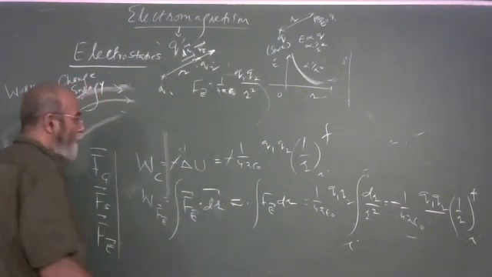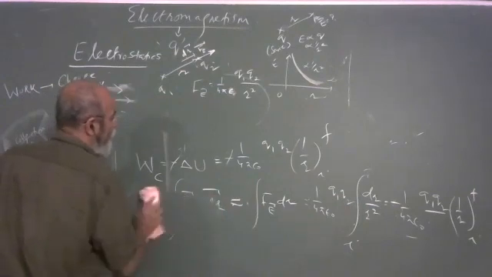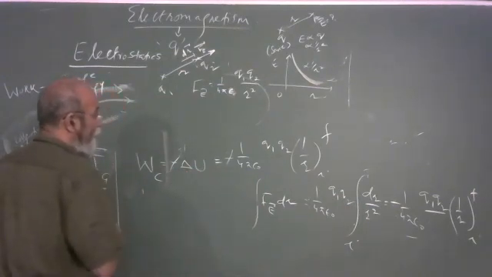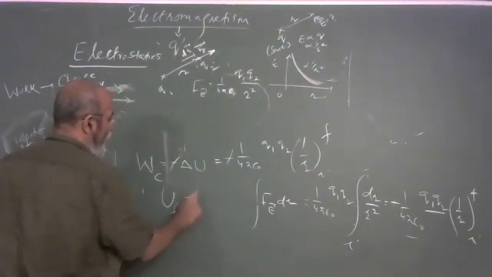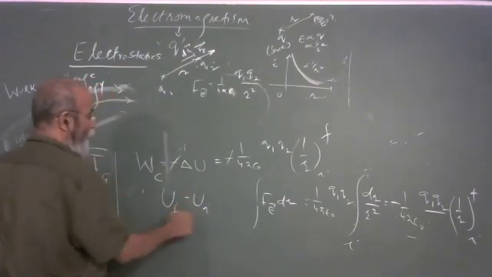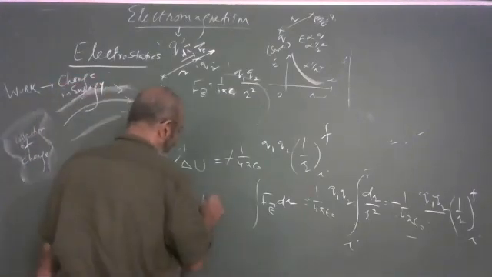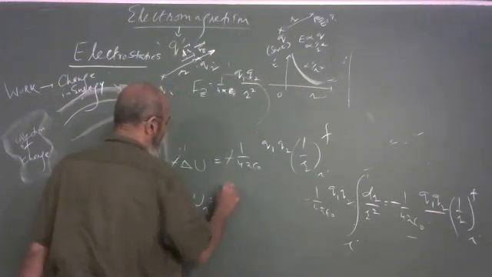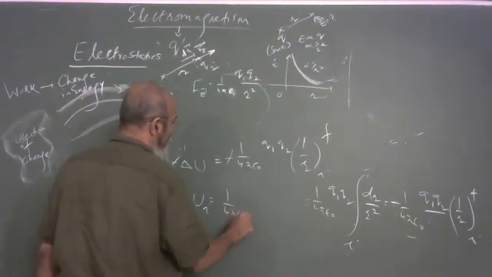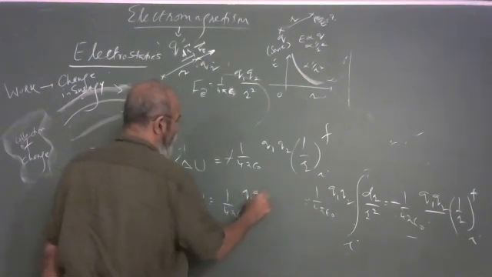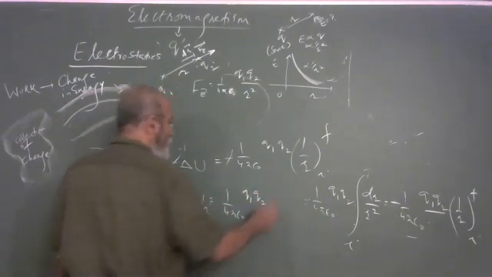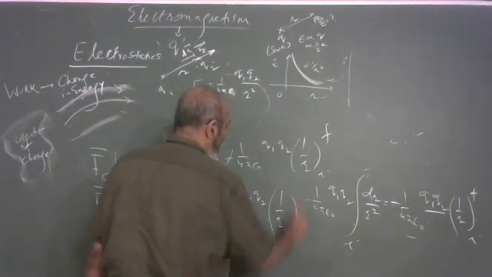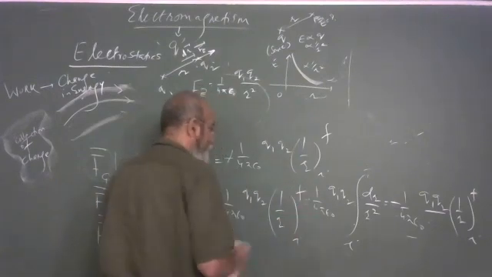And I will now get U final minus U initial, delta U, is equal to 1 upon 4 pi epsilon naught Q1 Q2 into 1 upon R, initial to final.